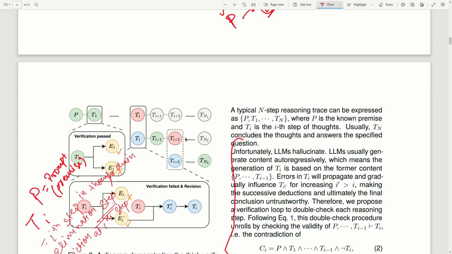So, here I will write it again. P is our prompt or premise. T of I is the ith thought in the reasoning process. E of I is the ith elimination step.